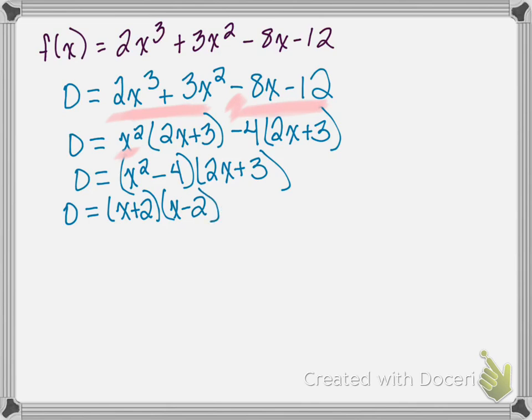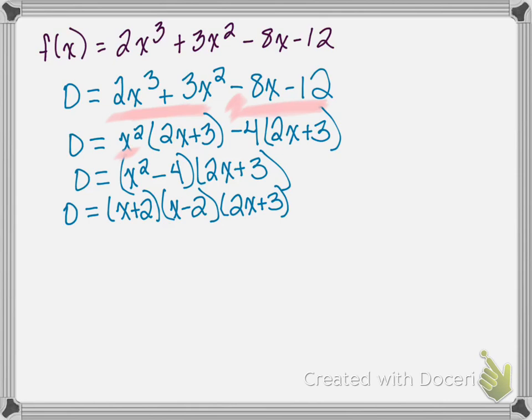Now, hopefully you are able to identify x squared minus 4 as the difference of perfect squares. X squared minus 4 is x plus 2 times x minus 2. At this point, you should be able to tell whether or not I have multiplicities of 2 or 3. Do I have any multiplicities here? No. All of these are going to show up once, which is kind of nice.